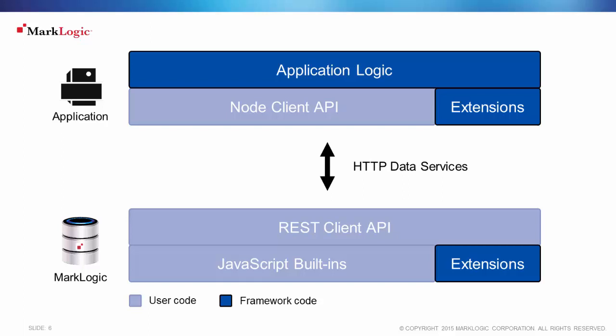And for those cases where the built-in data services don't provide the level of granularity that your application needs, we also provide a comprehensive set of extensibility hooks. Using one of MarkLogic's server-side languages, for example JavaScript or XQuery, a developer can write code that runs as close to the bare metal as possible within the database.